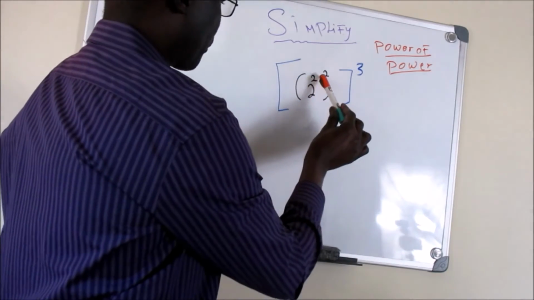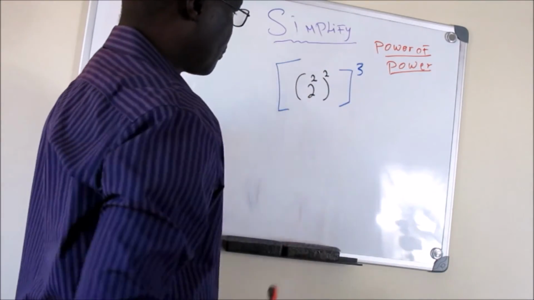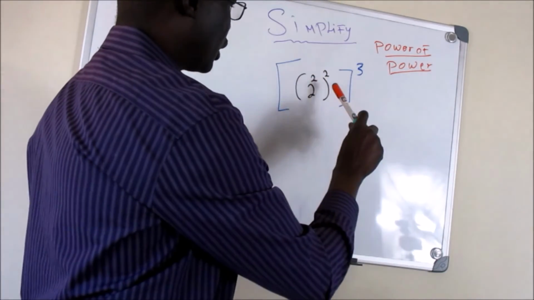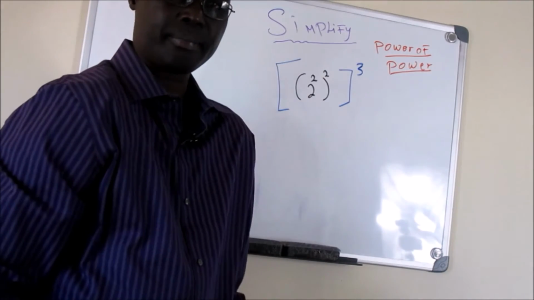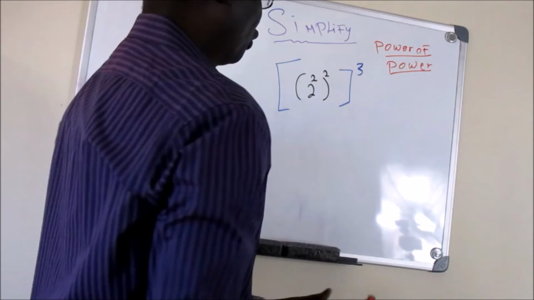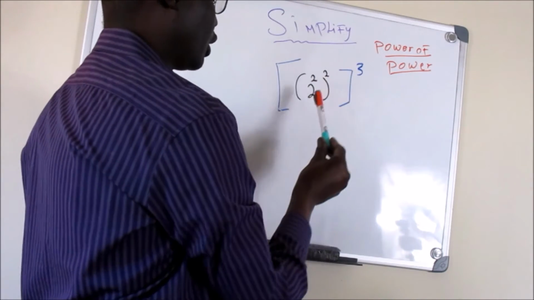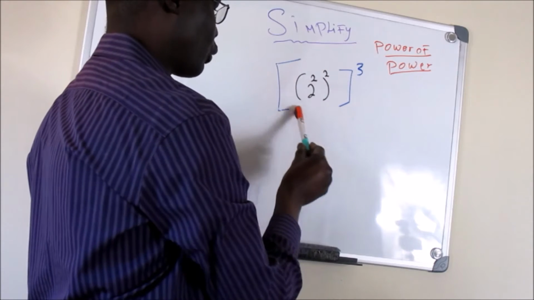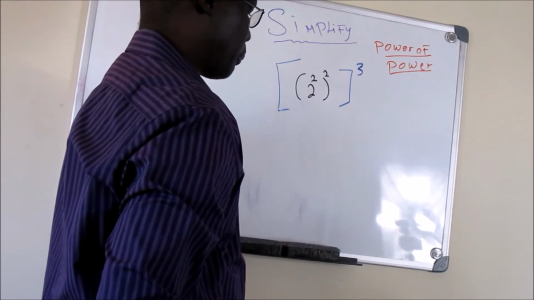This one is a power of 2, and then outside is 2, and the whole thing is power 3. So the way you solve this kind of problem, you deal with this one first, and then you go to the one on the top.